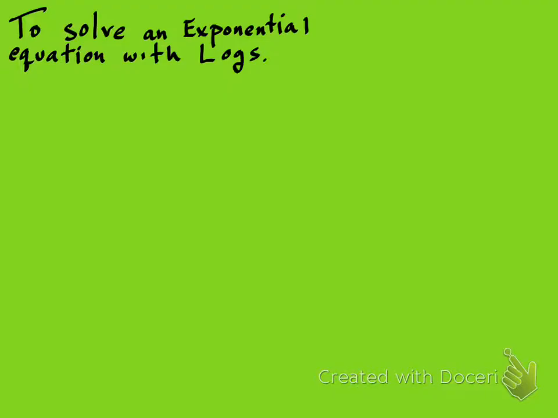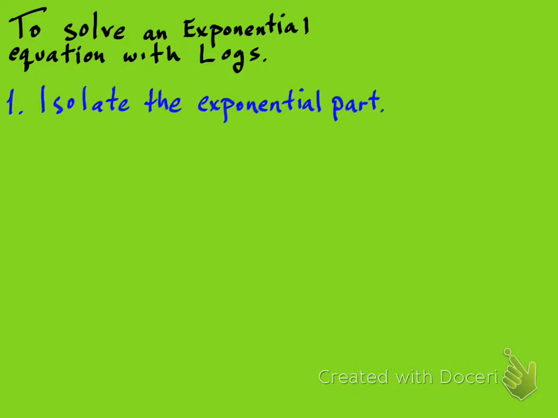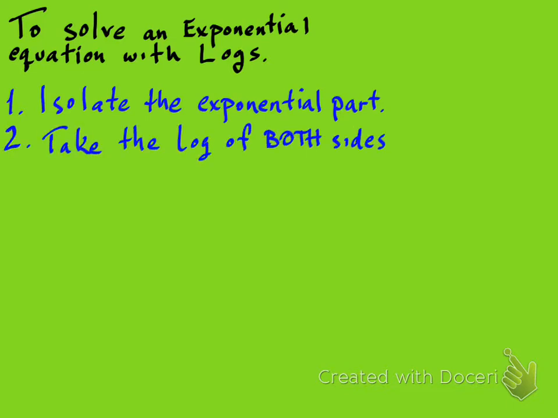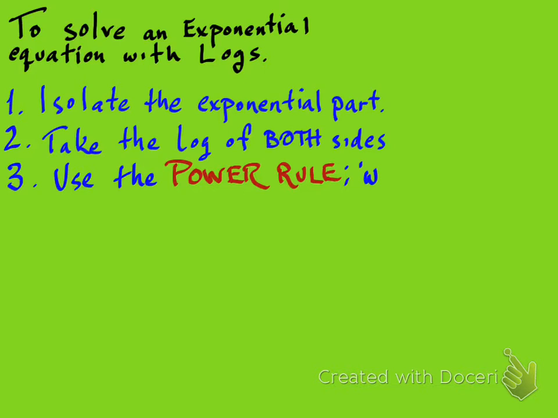All right, well, let's summarize this stuff here. To solve an exponential equation with logs, the first thing you need to do is to isolate the exponential part of the equation. Once you do that, then you can take the log of both sides, and only then. After you take the log of both sides, you'll use that power rule, that wraparound idea, to get the t value, or the x value, whatever variable it is, all by itself.